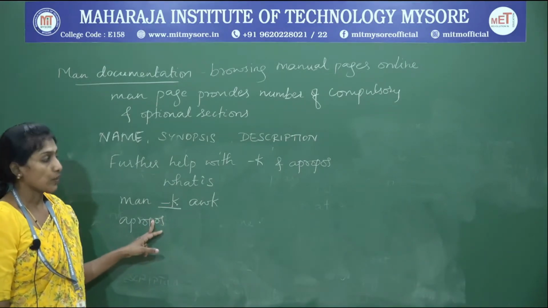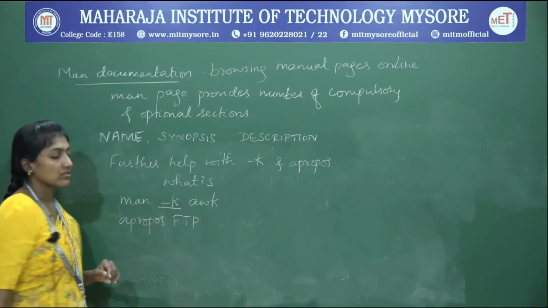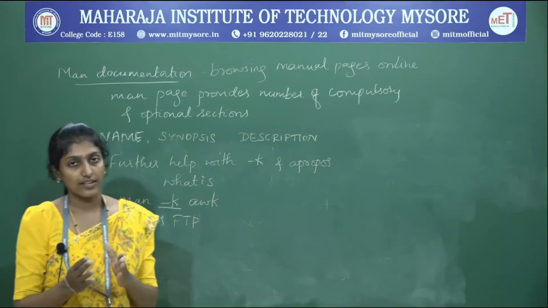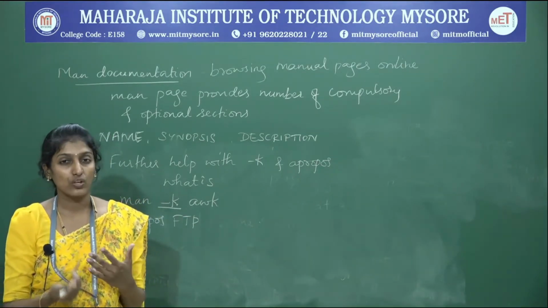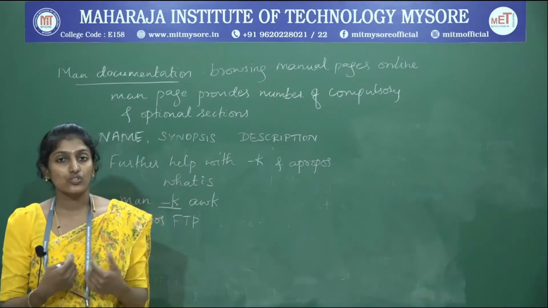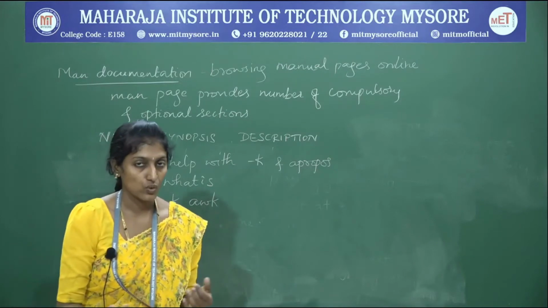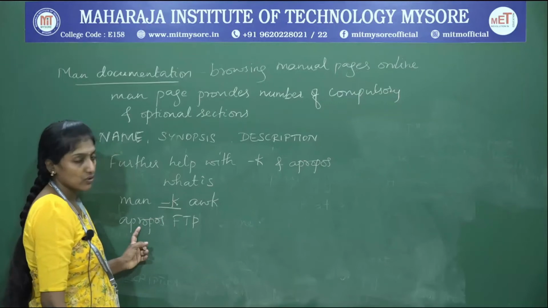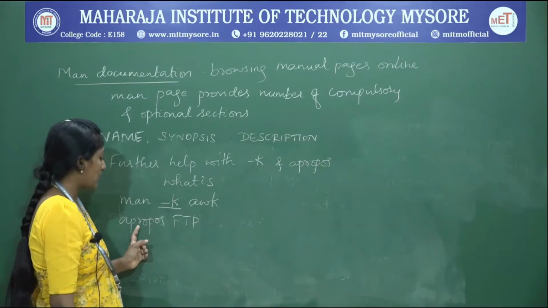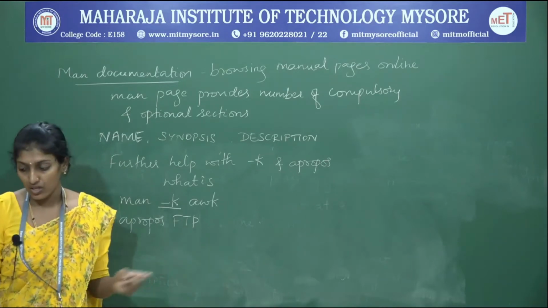As we know, while communicating between two end users through a network channel, you need to use a few protocols for connecting between the two end users. So knowing about that, you can find that by using this apropos command, that is, a file transfer protocol has been used.